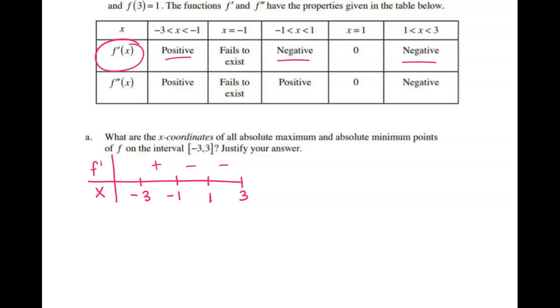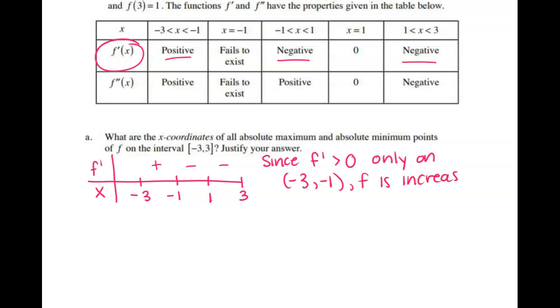Let's write this down. So since f prime is greater than 0 only on the interval from -3 to -1, f is increasing on -3 to -1.